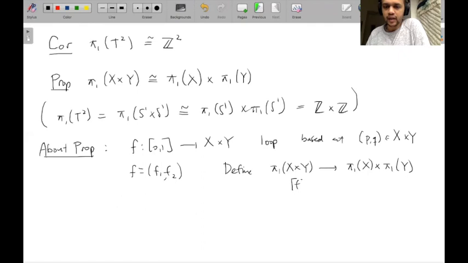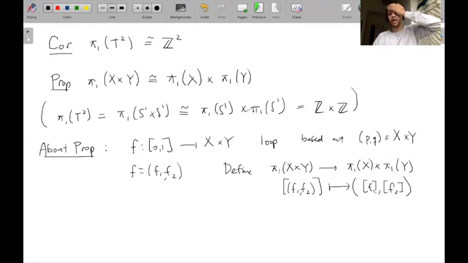It's sending the homotopy class of a loop f, which we write in coordinates like this, to this element in the product. And you can check that this is a homomorphism. It's well-defined, and it's an isomorphism. It's a good exercise to do. It's so good that I'm going to leave it to you.